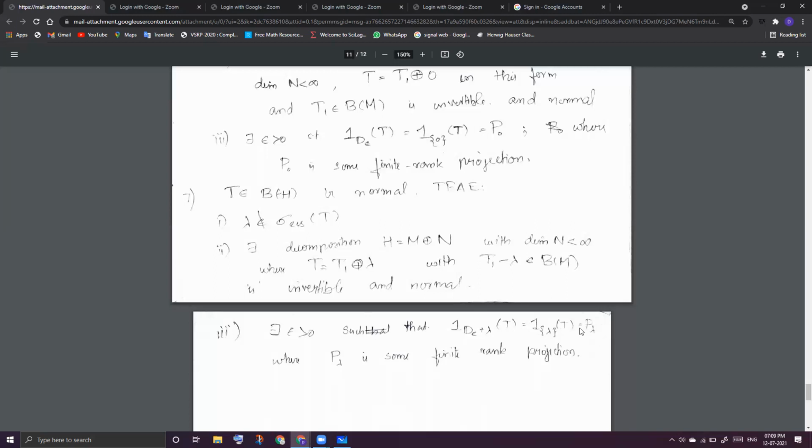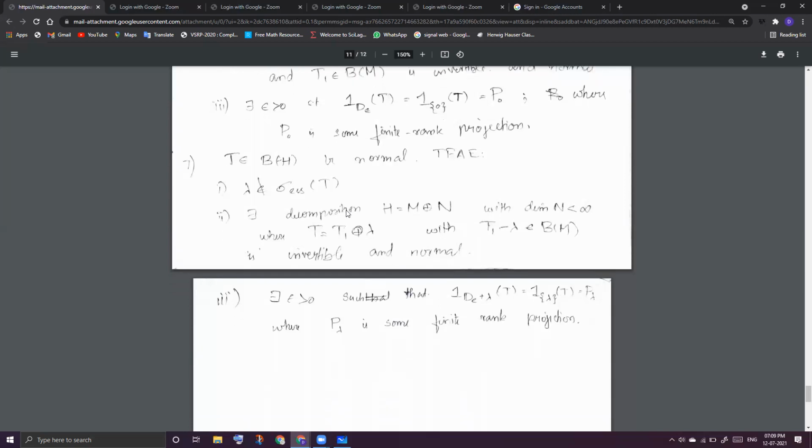Here, P lambda is a finite rank projection, and D epsilon plus lambda is the epsilon disk around 0 translated by lambda, so it is the epsilon disk around lambda. And this is the projection to the subspace. So these are three equivalent conditions. Again, I'm not proving it now, just mentioning it.